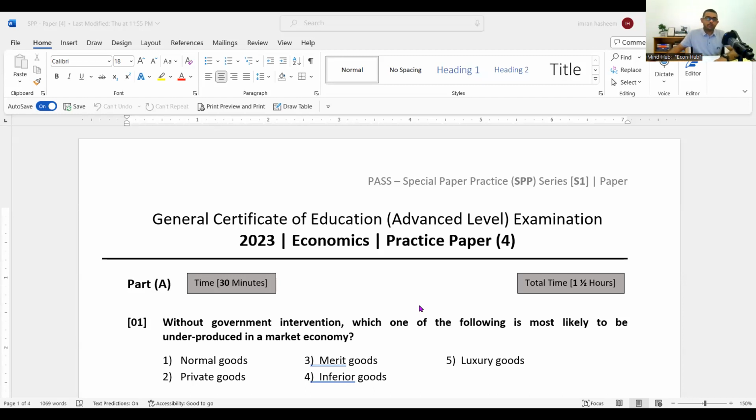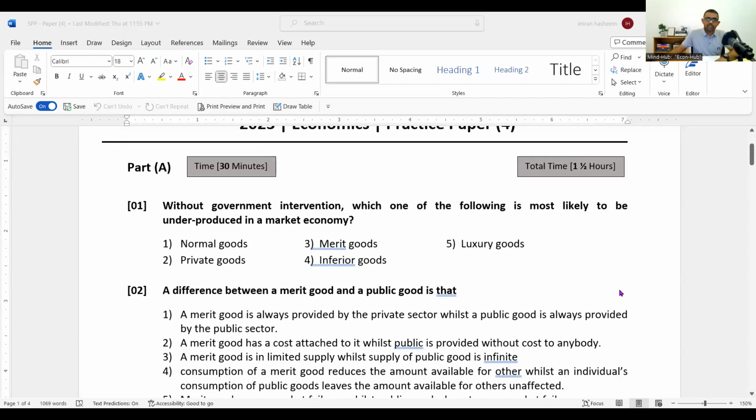Question 1, I think this is clear enough for you. Question 1, Part A: without government intervention, which one of the following is most likely to be underproduced in a market economy? A market economic system will run into market failure in one of three broad ways.